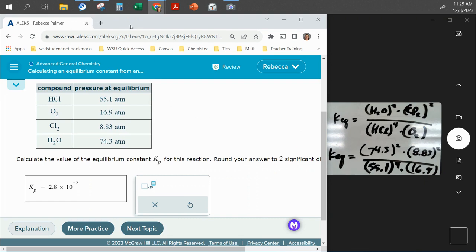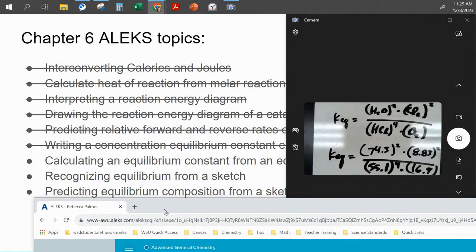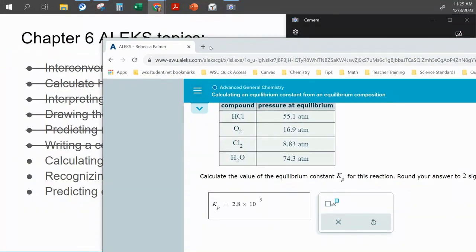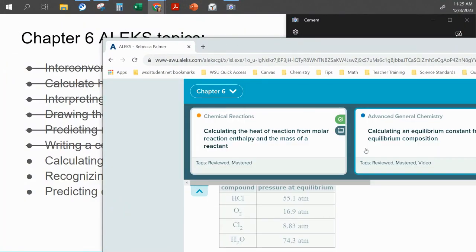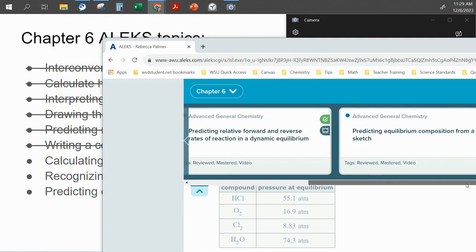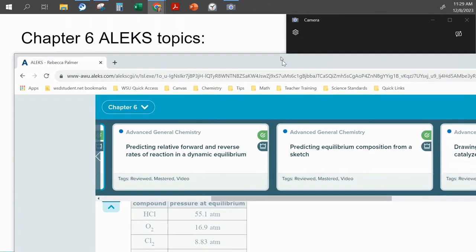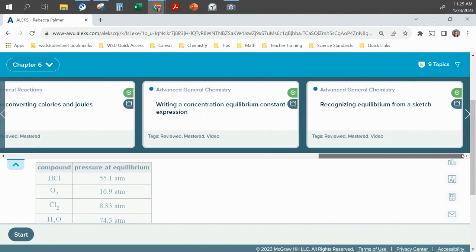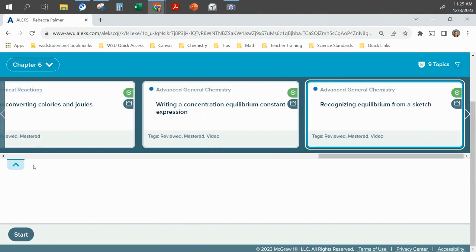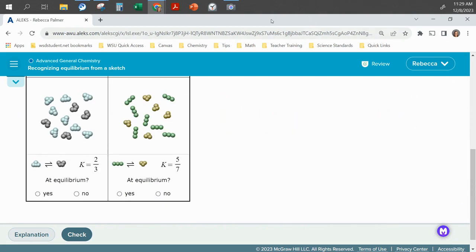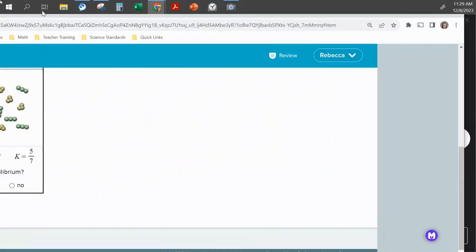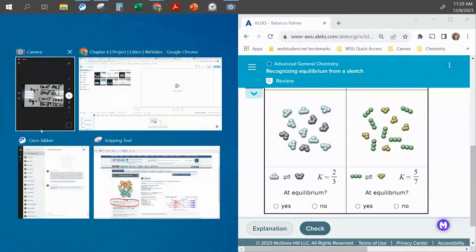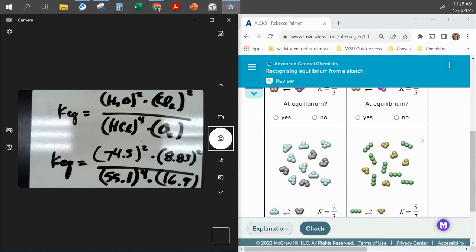Okay, let's figure out the next one. What's the next one? Recognizing equilibrium from a sketch. Okay, this one is pretty straightforward. I'm trying to put it in this little spot. We'll just switch sides.